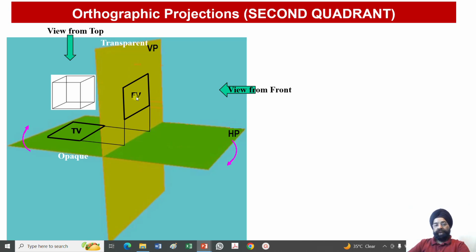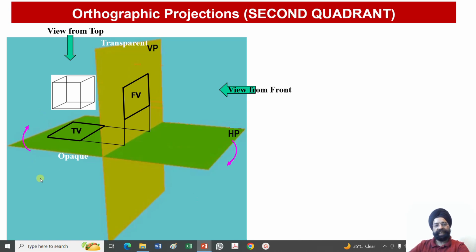Now one view I have obtained on the vertical plane, which will stay in its position, but another view I have obtained on the horizontal plane, that is the top view. But both of these views lie in mutually perpendicular planes, and I have already told you in first quadrant and fourth quadrant HP will rotate downwards, that is clockwise.